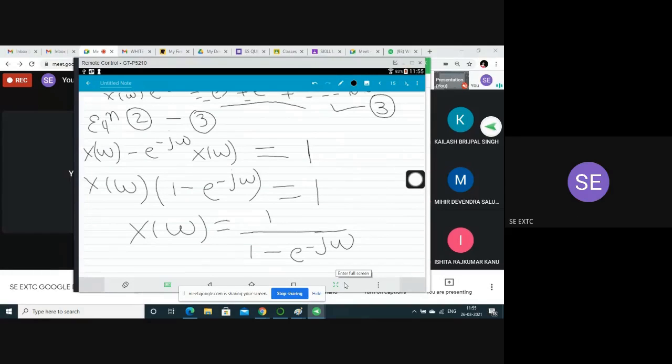Now, after this example, we are going to solve another example: find DTFT of the function x of n is equal to a to the power n u of n.